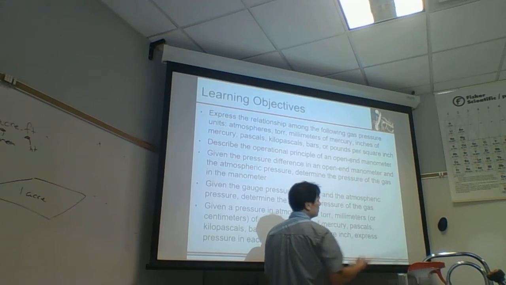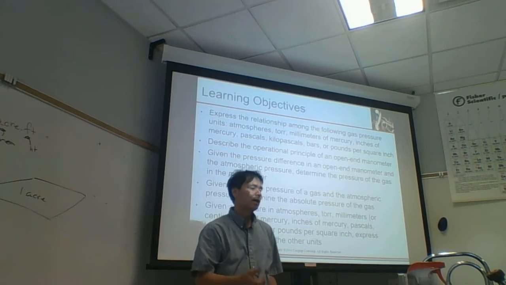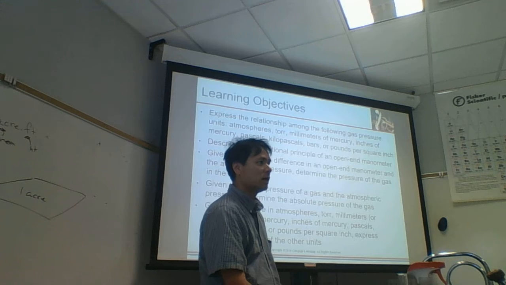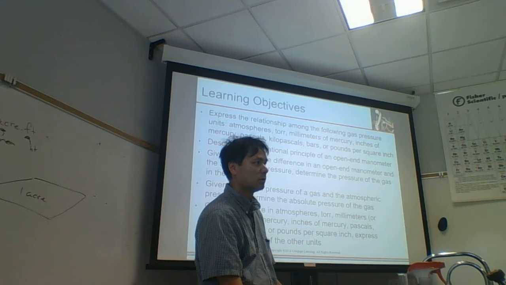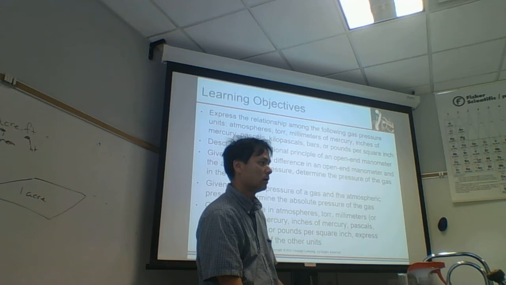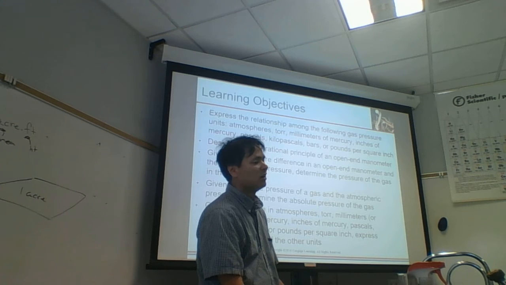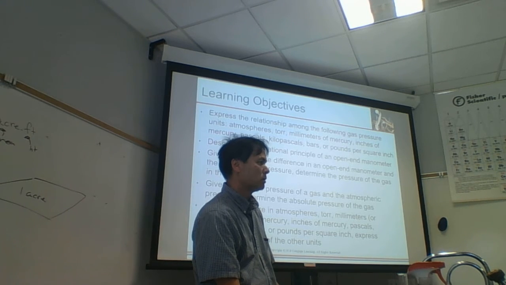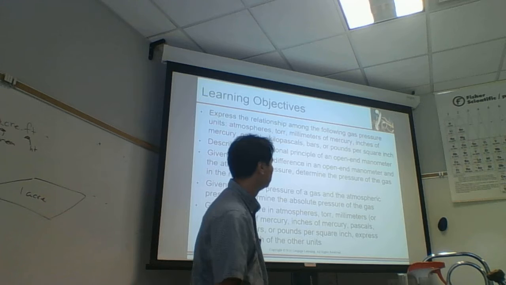Pounds per square inch is probably the most common. Do you know what the air pressure in this room is in PSI? Roughly? It's about 15 pounds per square inch.